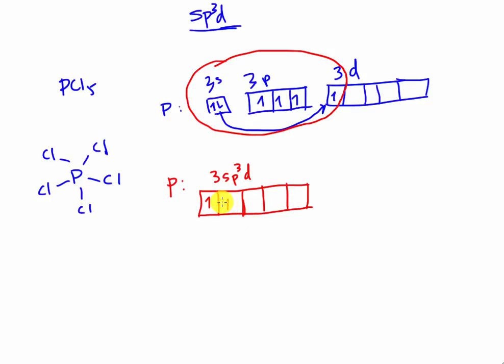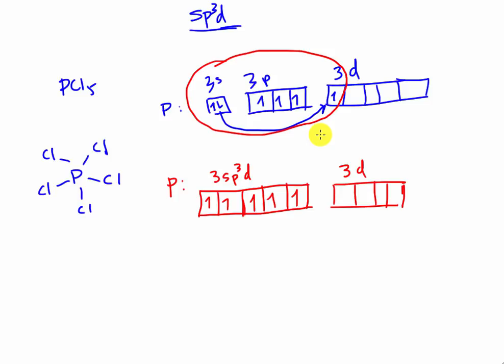Okay, 1 electron, 1 electron, 1 electron, 1 electron, 1 electron, and then you have the 3d still remaining with those 4 empty boxes. Okay, so there would be your sp3d hybridization. And I'm sure you can envision what would happen with an sp3d2. You would just encompass one more d in there.